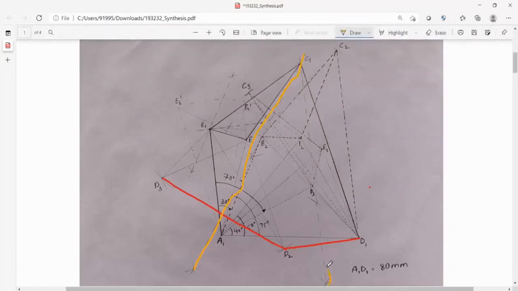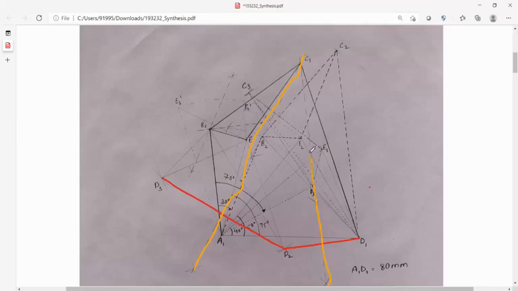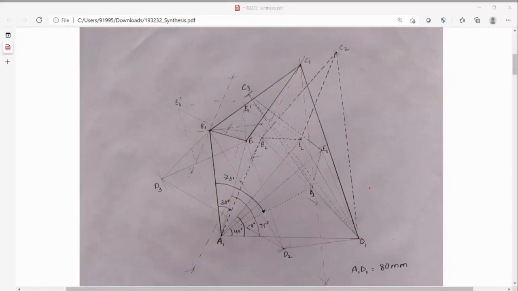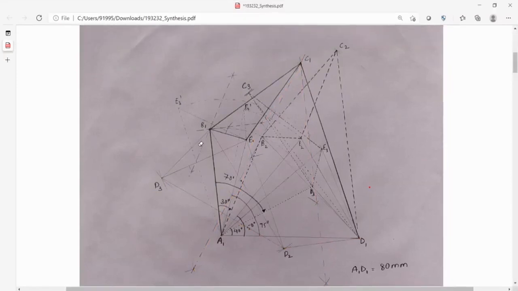And yeah, the mid normal to the line D1, D2 as. So they have intersected at a point, and this point is known as the C1 point. Thus, A1, B1, C1, D1 is the required four-link mechanism with the coupler point.